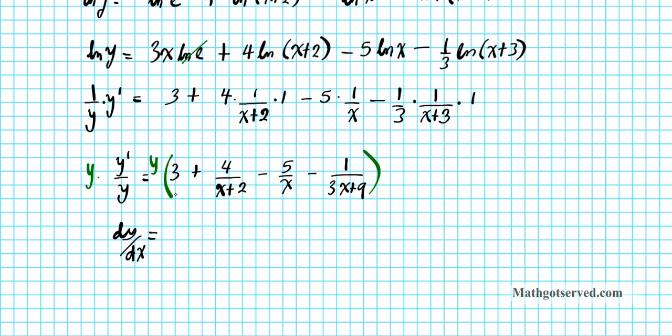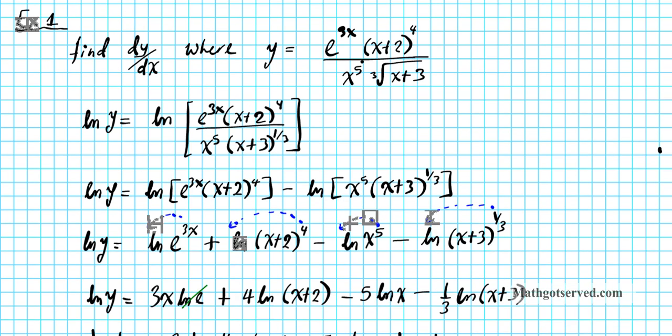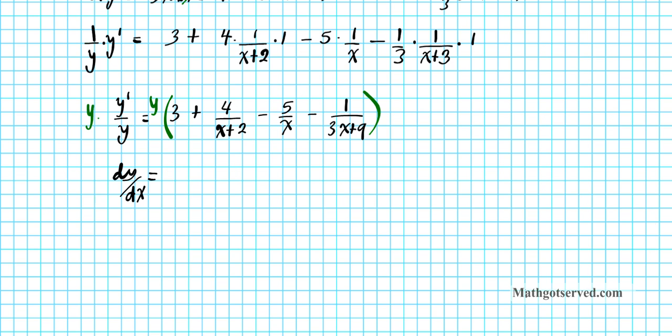Anyway, so we're going to take whatever y is, I'm going to put it back. Y is the original problem, this entire expression, that's what y is. So I'm going to substitute it for this y.